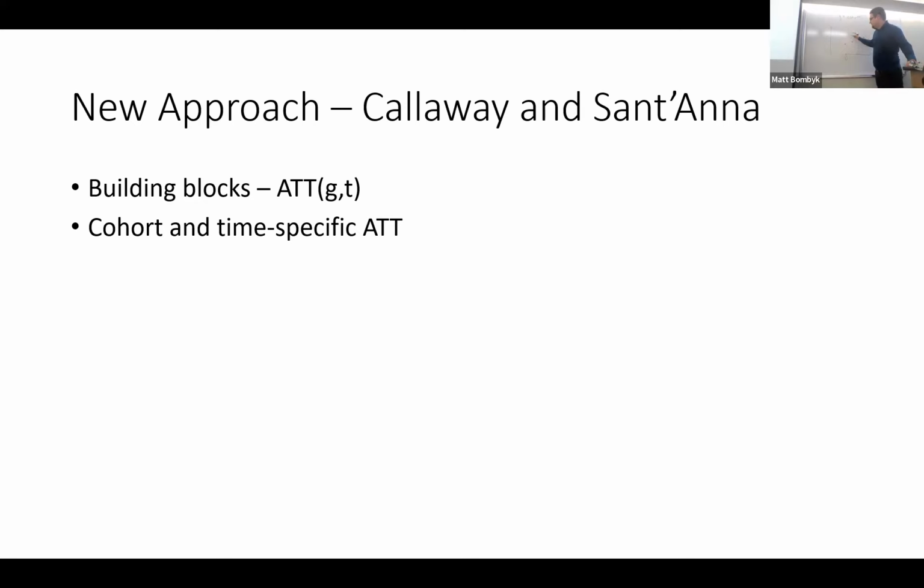You estimate your control outcome in that base period. And then you estimate your treatment outcome in that base period. And then under the assumption of parallel trends, in period one, the treatment would be like that, but maybe it's actually up here.